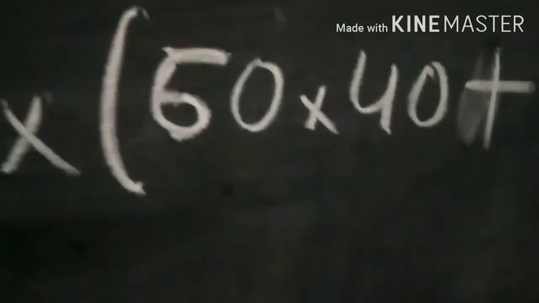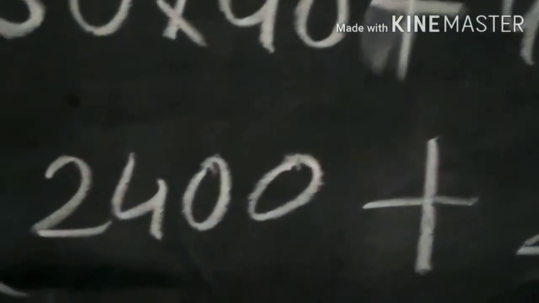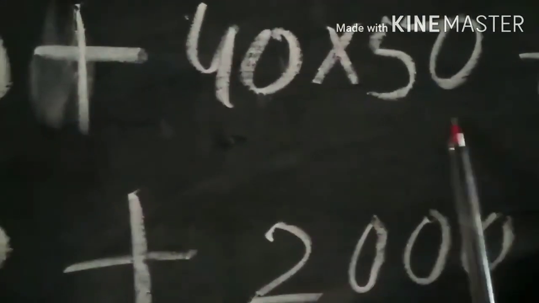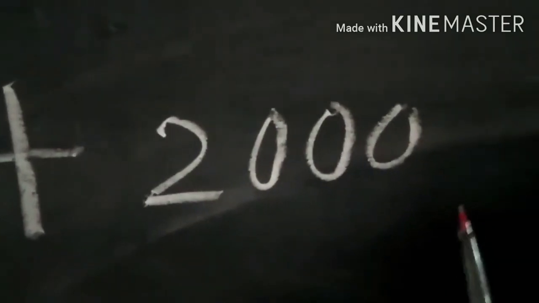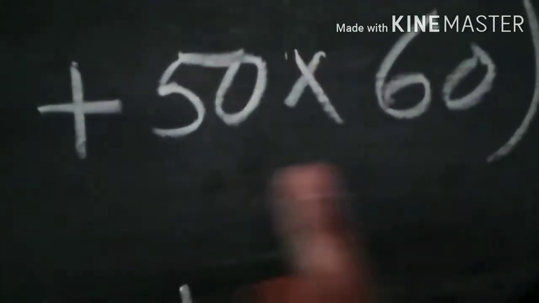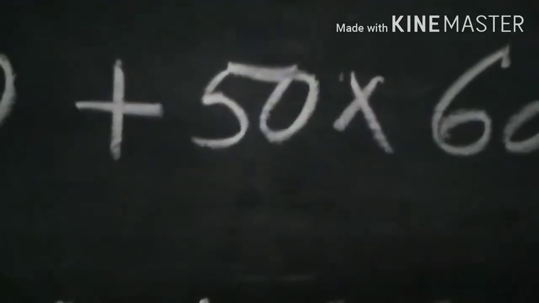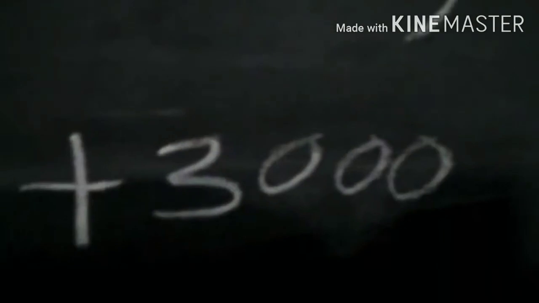Now solving this, 60 into 40 is 2400 plus 40 into 50 is 2000 plus 50 into 60. Now 50 into 60, 5 sixes are 30, so this is equal to 3000.